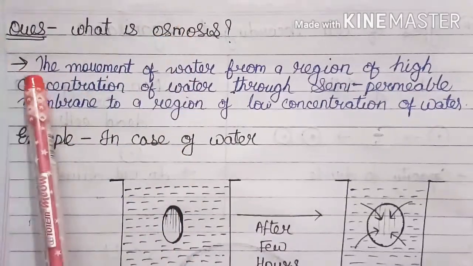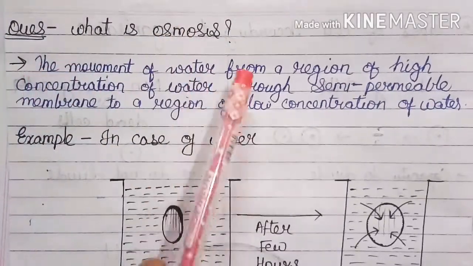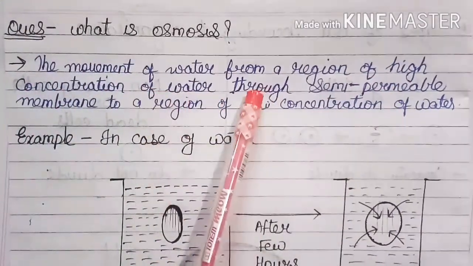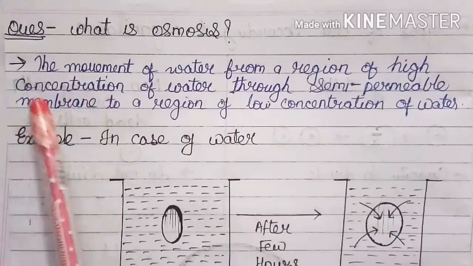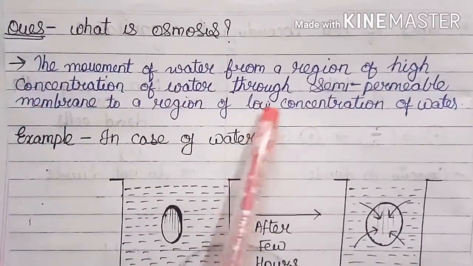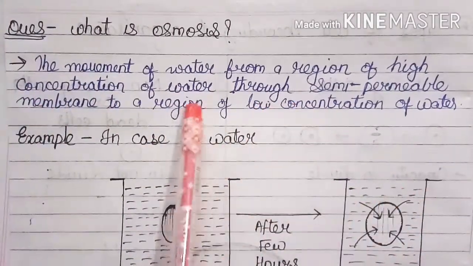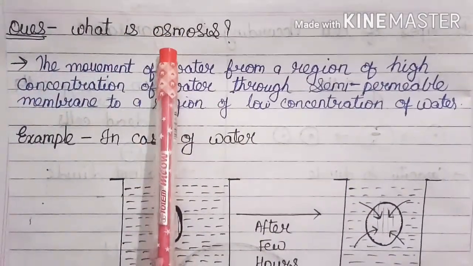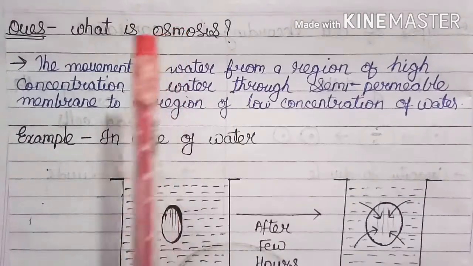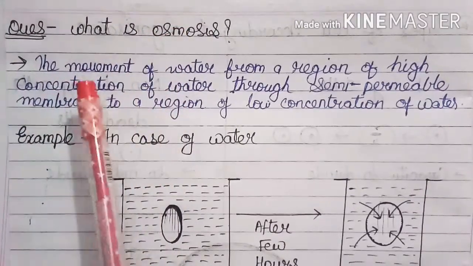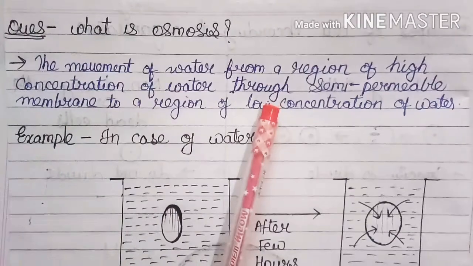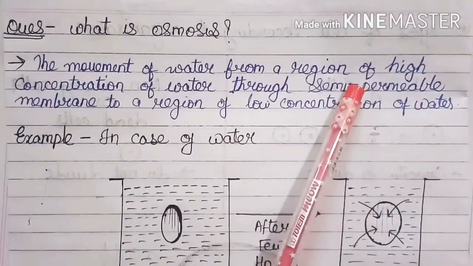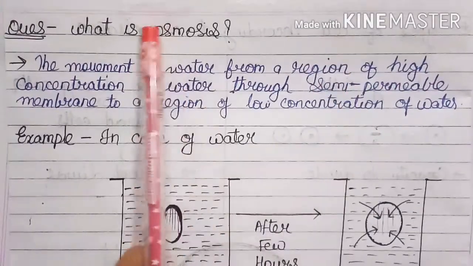The movement of water from a region of higher concentration of water through a semi-permeable membrane to a region of low concentration of water is known as osmosis. So osmosis is nothing but the movement of water from the region of higher concentration to the region of lower concentration with the help of a semi-permeable membrane, which is known as the cell membrane.